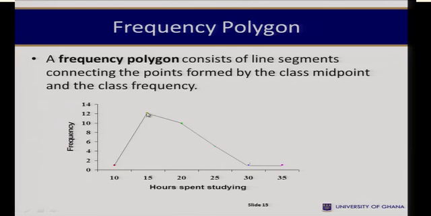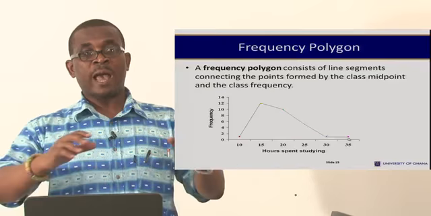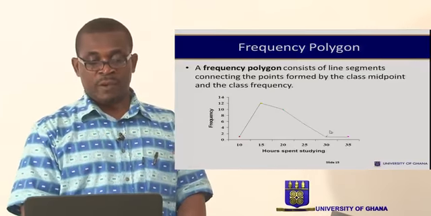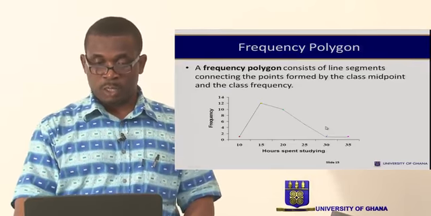So this is the point marked. We do so for all. And then we join these points by line segments, as you can see. The first point joins the second point by this line segment, the second point joins the third point by this line segment, and so on and so forth till we get to the end. And this just describes how the data is distributed, and it is referred to as a frequency polygon.